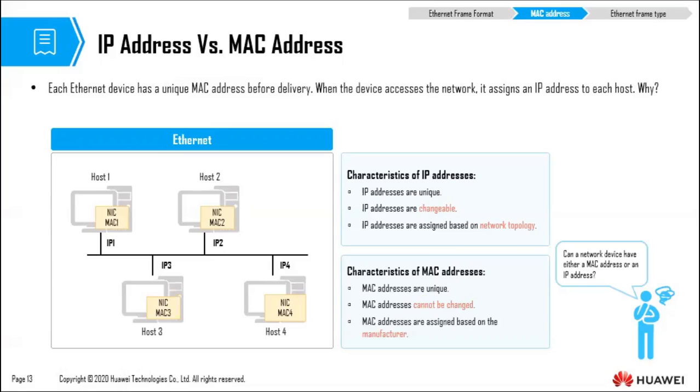Because the MAC address comes with the device. So just with the MAC address, do you think the device can be able to send data, even just at layer 2? Do you think just with the MAC address, the device can be able to send data on the network?